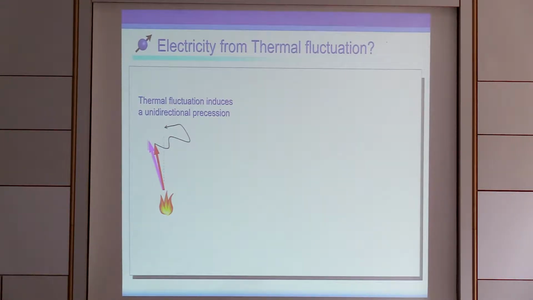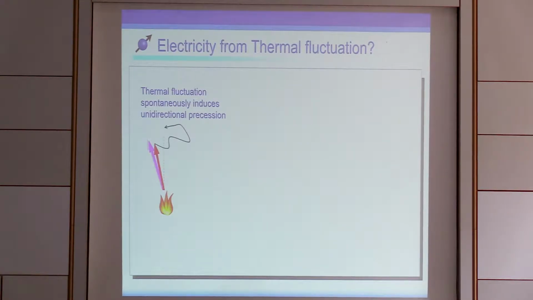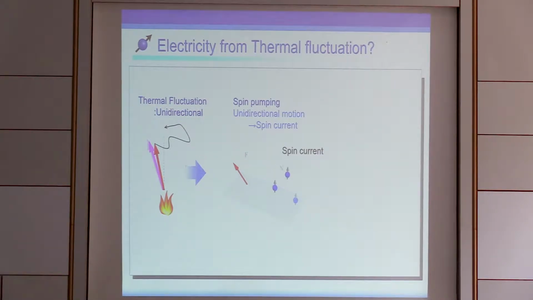And please remember two important features for spin current. Spin pumping converts unidirectional rotation of the magnetization into a spin current, and the spin current is converted into the charge voltage. So when thermal fluctuation spontaneously creates unidirectional rotation of magnetization, then spin pumping converts this magnetization rotation into a spin current.